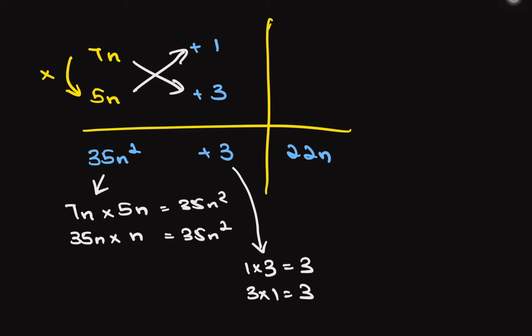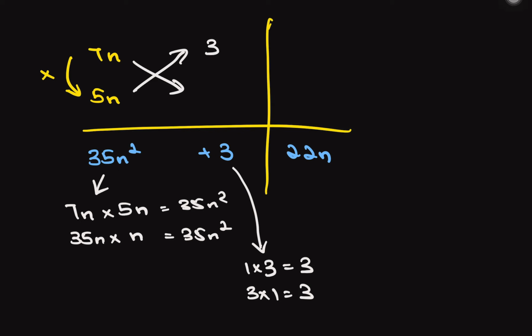So 5n times 1, we get 5n, and 7n times 3, we get 21n. Now, when we add the two terms on the right together, we will obtain 26n, which is not equal to 22n. So therefore, we can observe that the two terms that we have on the left hand side might be wrong.